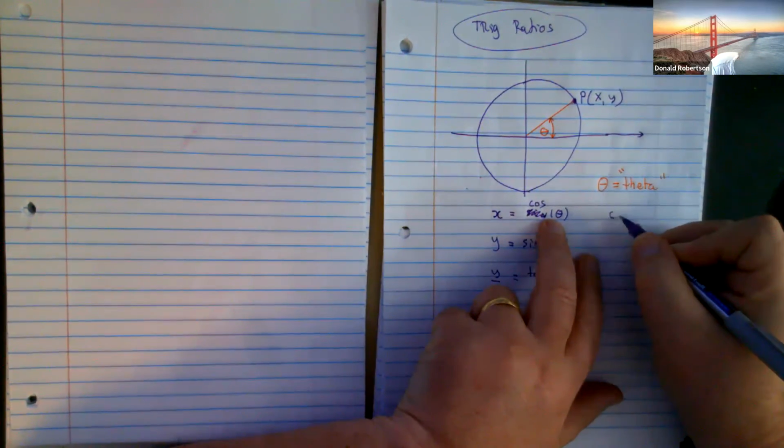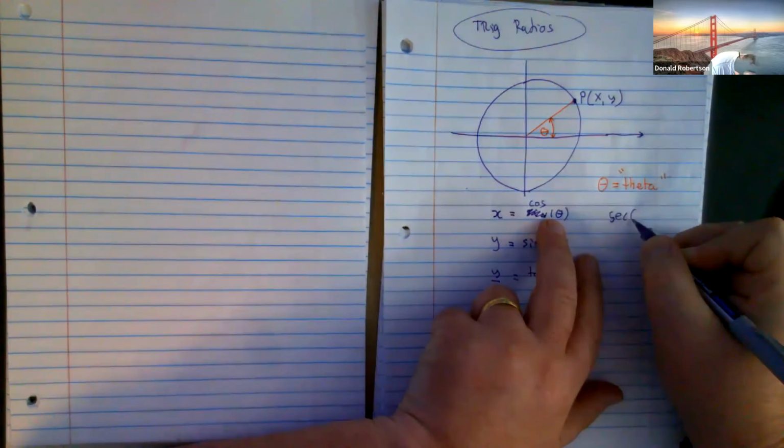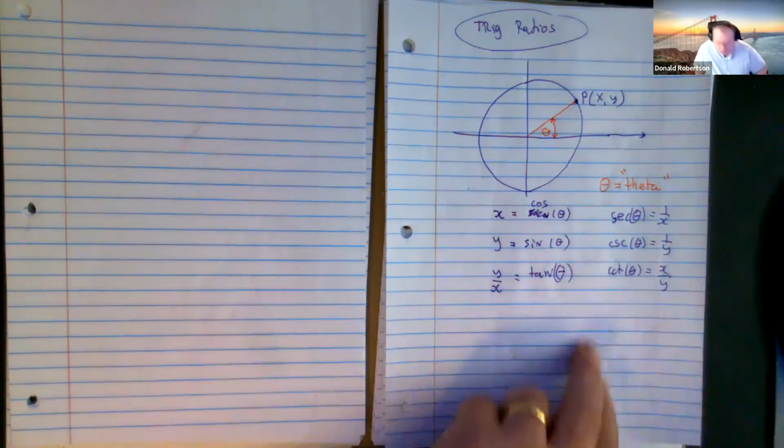There's a trig ratio called the secant of theta, and you get that by 1 over X. You've got the cosecant of theta, and you get 1 over Y. And lastly, you get the cotangent of theta, and you get that by finding X over Y.